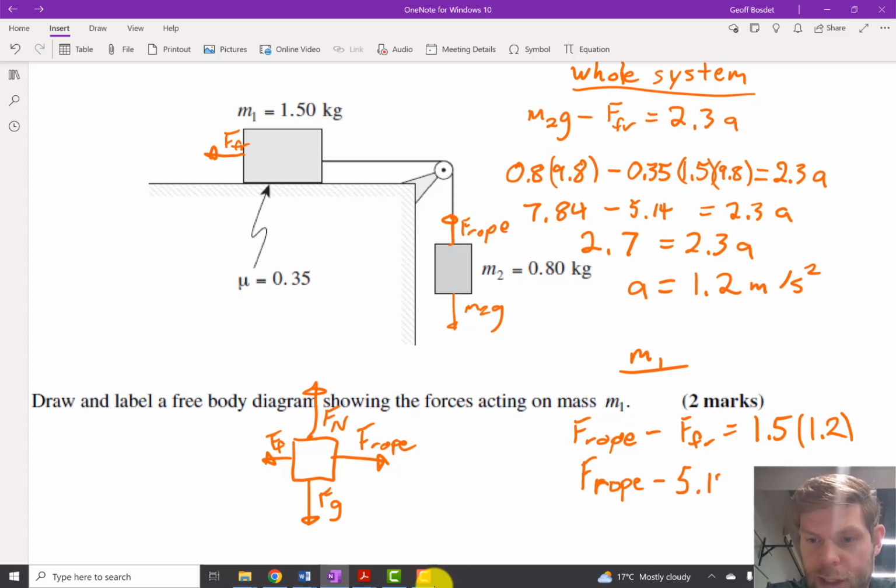So I'm just taking my 5.14 from earlier, and that's going to equal 1.5 times 1.2, which is 1.8. So if we combine them, our tension, our rope force, is just equal to 5.14 plus 1.8, so 6.94 is our answer.